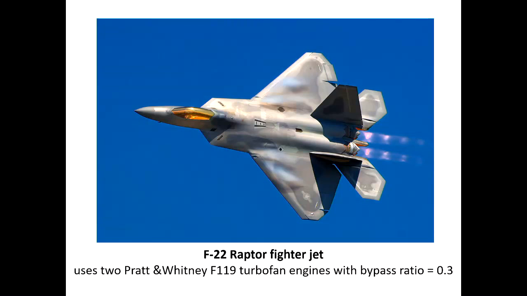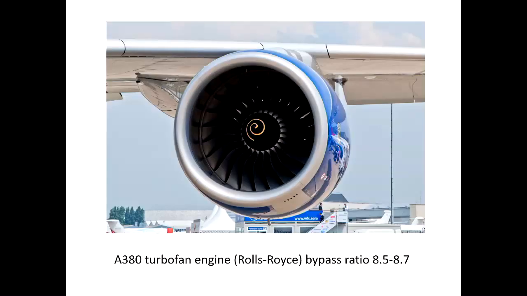Commercial flight. So that's the one I'm showing there. This is the Airbus 380, and this engine has a bypass ratio of between 8 and 9. Which means there is 8 to 9 times of air not being burned, just passing through the engine cover, which we call the nacelle, without being burned.